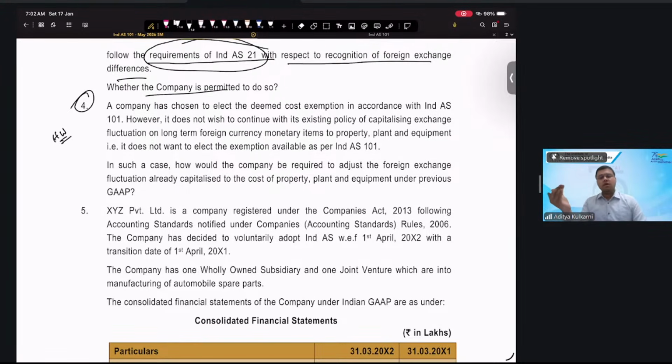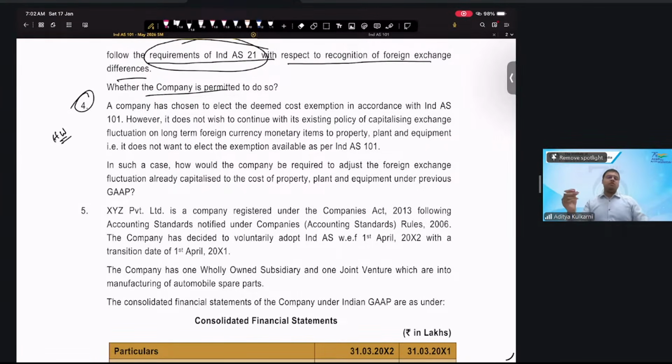That option is no longer available. So option 2 to option 1 is permissible, option 1 to option 1 is permissible, option 1 to option 2 is not permissible, and 2 to 2 is permissible.